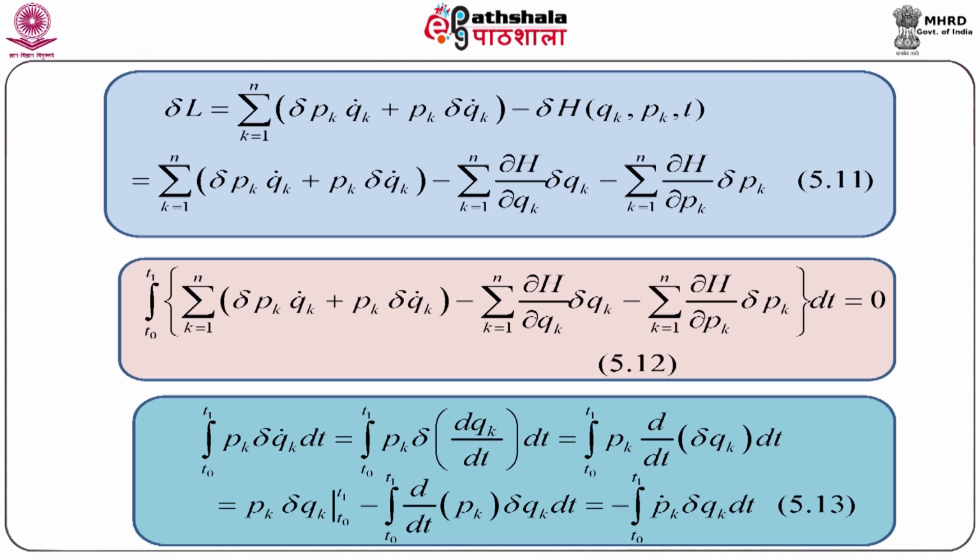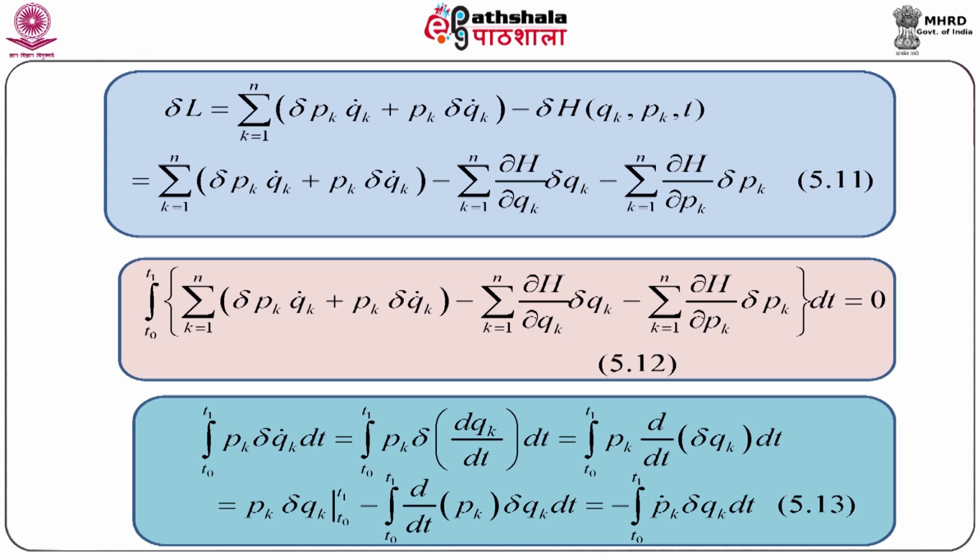Substituting 5.11 in 5.10, we have integration t0 to t1 of summation k equal to 1 to n of delta pk qk dot plus pk delta qk dot minus del H del qk delta qk minus del H del pk delta pk dt equal to 0.